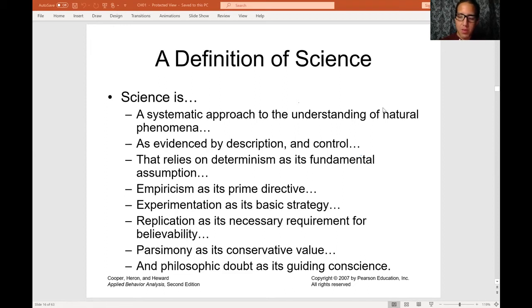So it's basically putting everything together into a definition. Moving on.